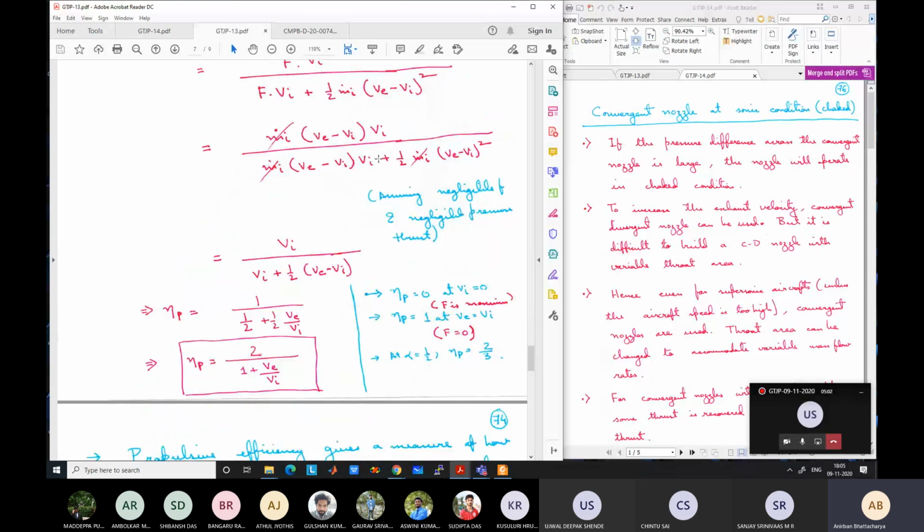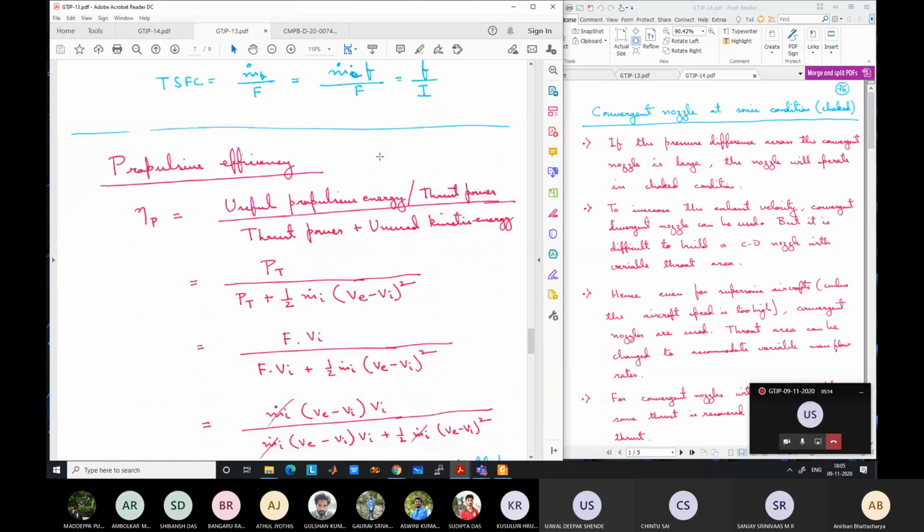So again, just to summarize in one line, it gives us an idea about how much of the energy or kinetic energy that is generated for the exhaust gases by the engine is used for propelling the aircraft forward, and how much of it is getting lost to the atmosphere.